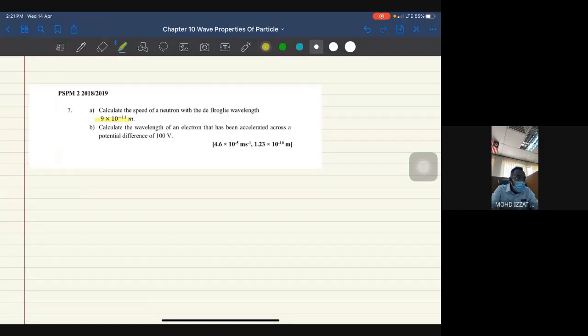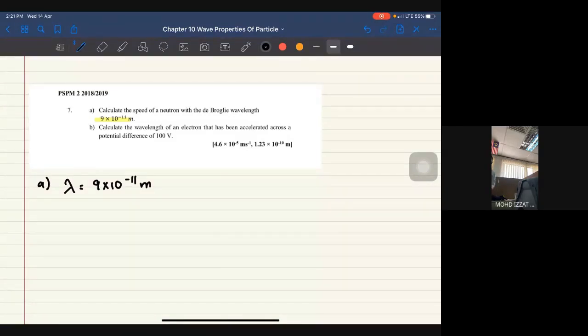So based on the information, that one is actually your lambda. Yes, lambda. Good. Okay, so in this chapter, I take from the tutorial.